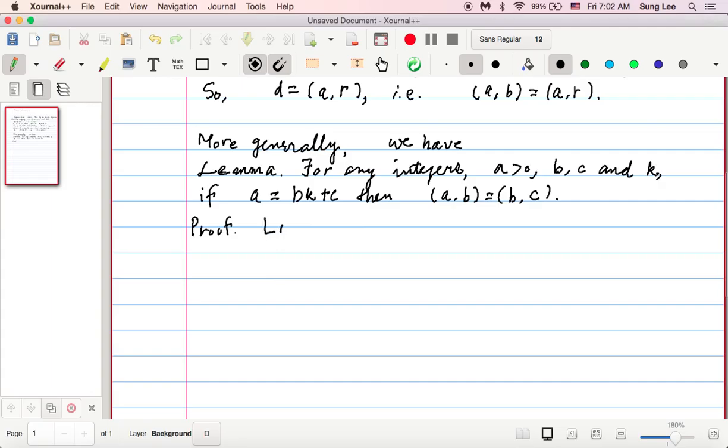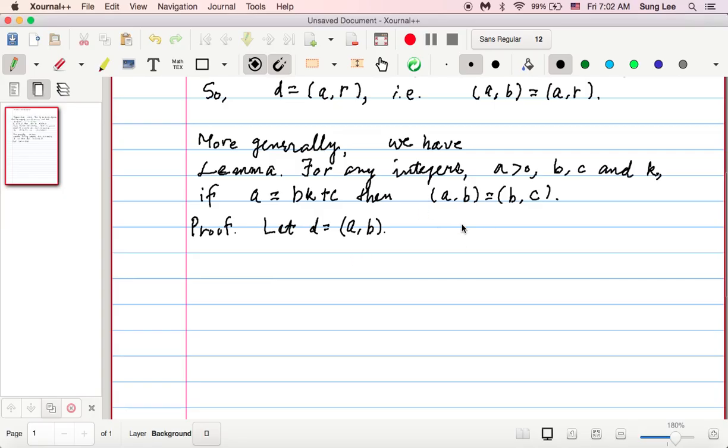Like we did before, let D be the greatest common divisor of A and B, the original pair of numbers that we would like to find the GCD of.